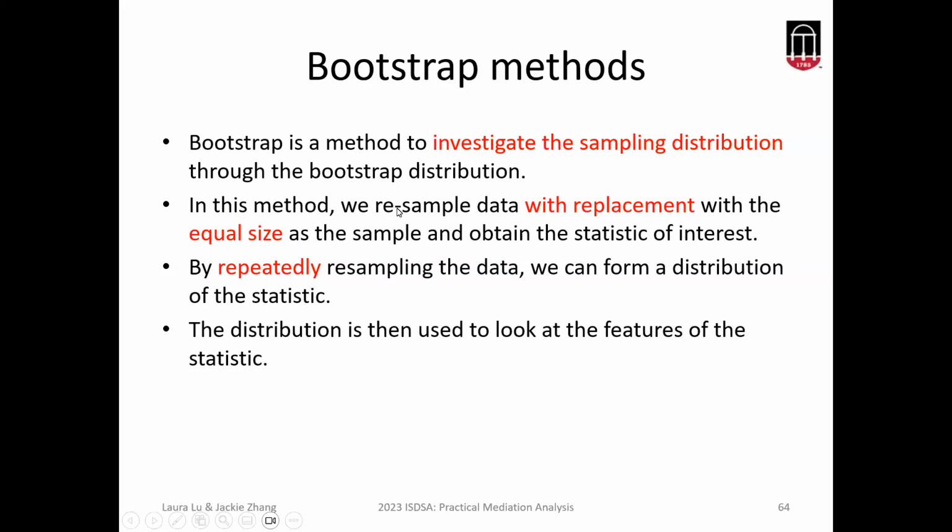For each resample, we calculate the statistic of interest, and then we repeat B times, where B could be really large, for example, 1,000 or 2,000. Finally, we generate a distribution of that parameter or variable.